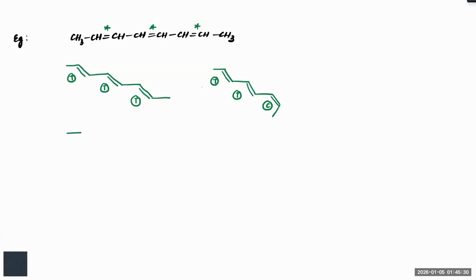Next, if you have cis, cis, and cis, all three being cis here. So like this, we have double bond, cis, double bond, cis, and double bond. So we have cis, cis, and cis, all three being cis.